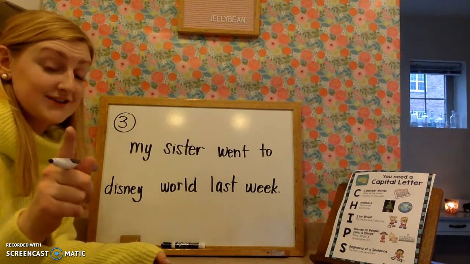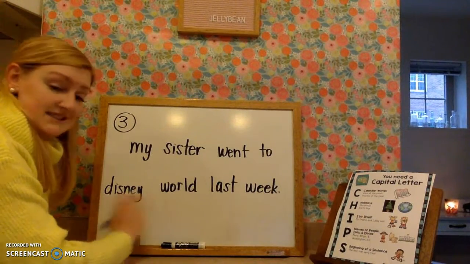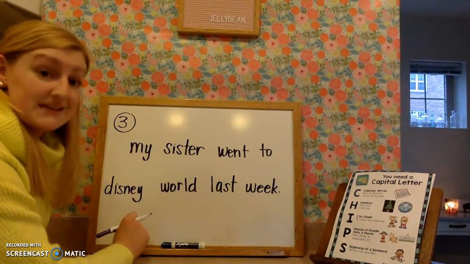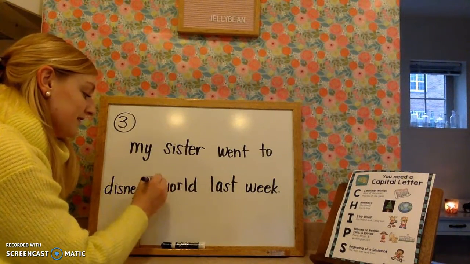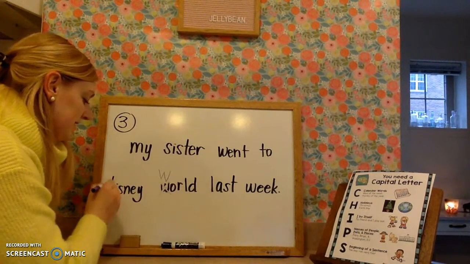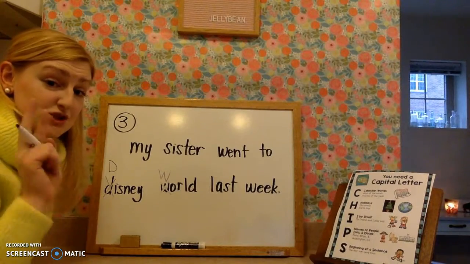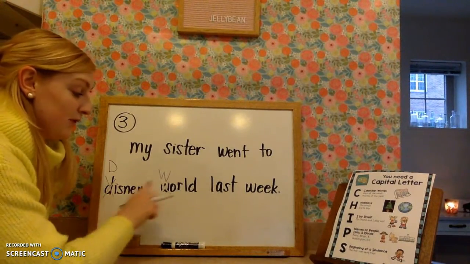Oh, I heard somebody say places. Somebody saw the place. Disney World, both of those words mean a place. So we're going to fix both of those. Whoa. So W is going to be capital, and so is the D in Disney World. Even though it's 2 words, they both are a place.